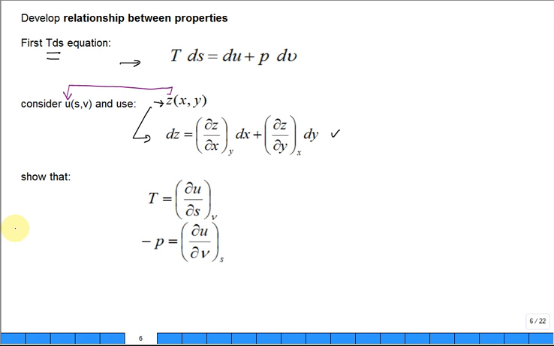Move from the general to the specific. Let S be x and let V be y.